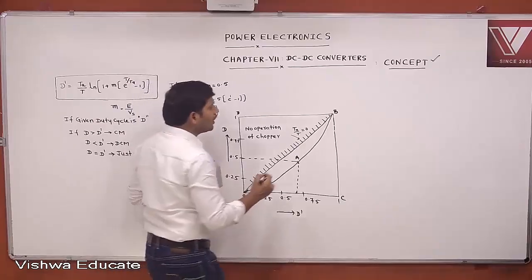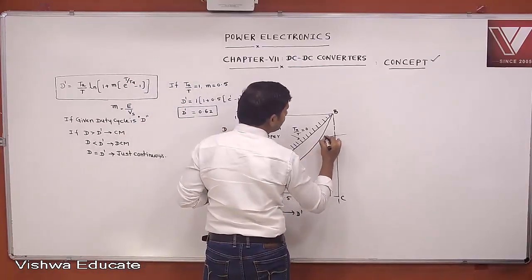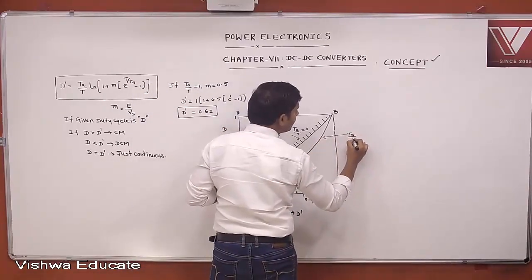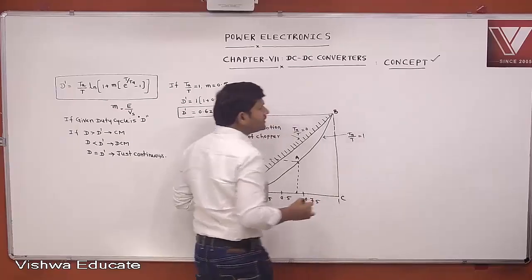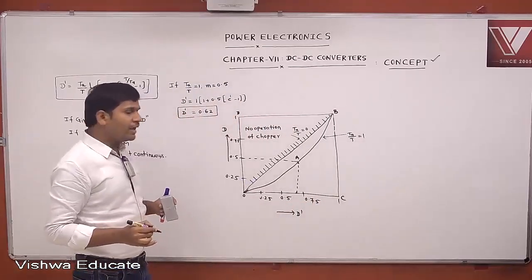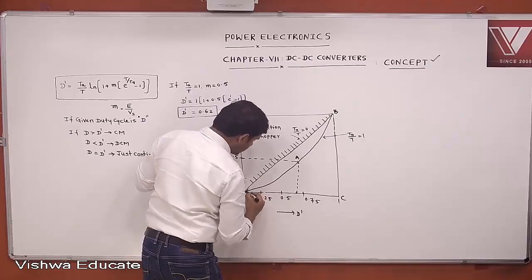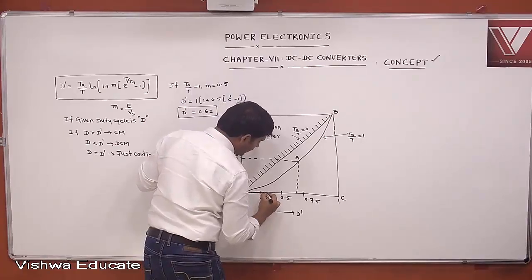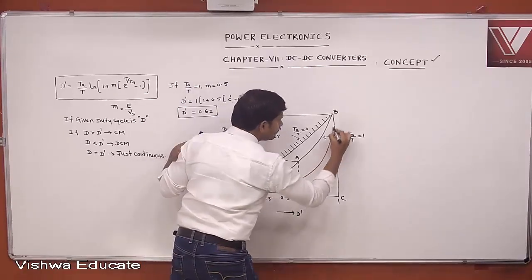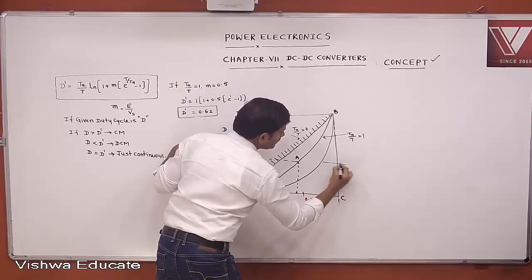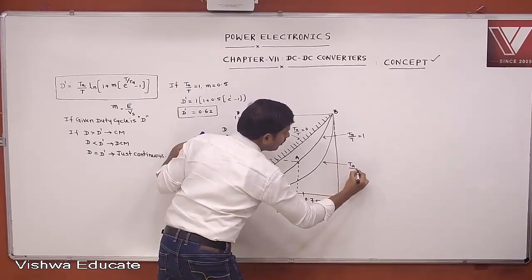This is the curve for Ta by T equal to 1. Then similarly, for different values of Ta by T, I take the curve for Ta by T equal to 5, and I am drawing it.